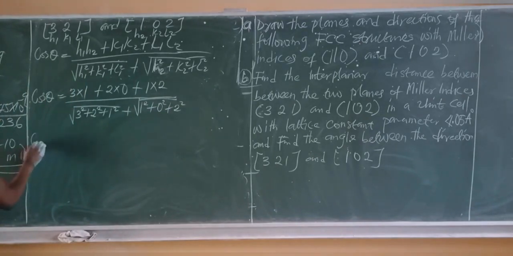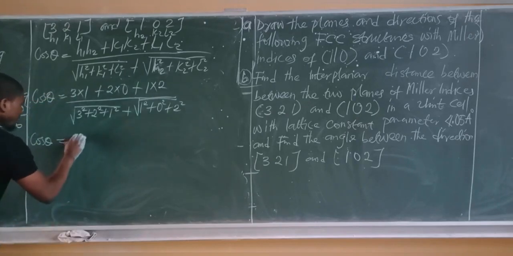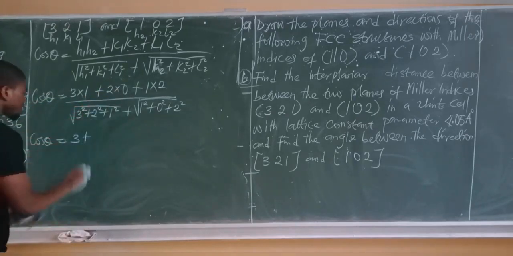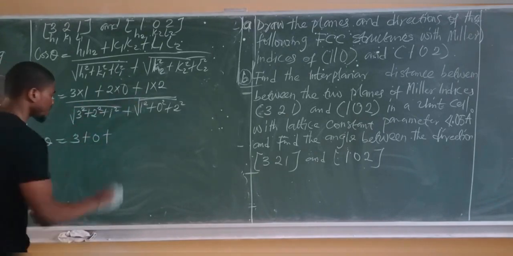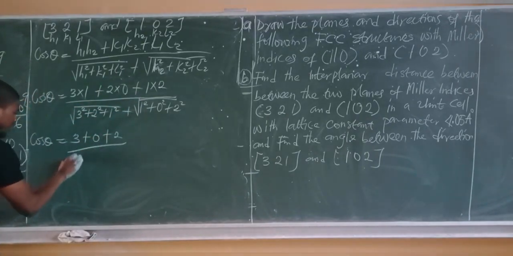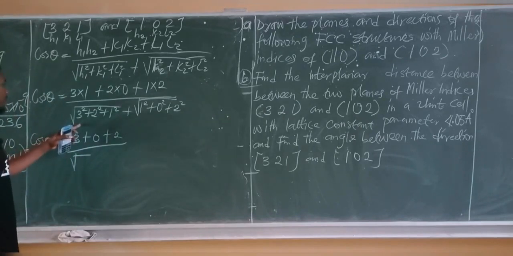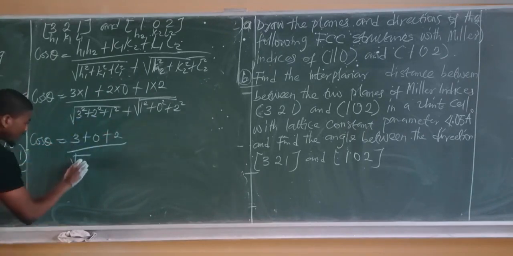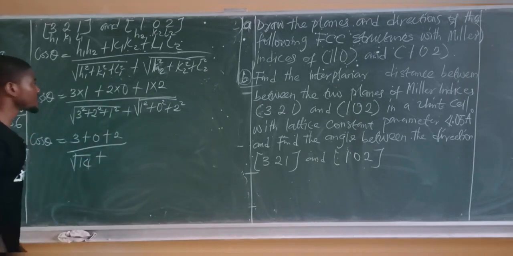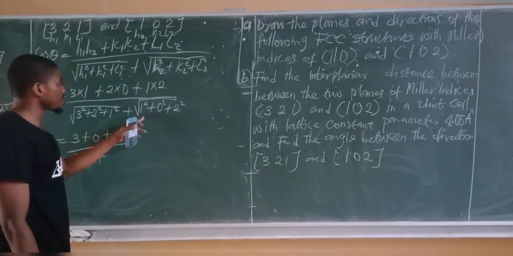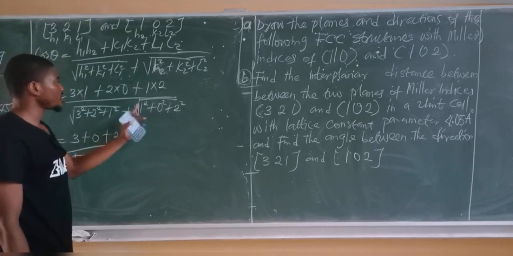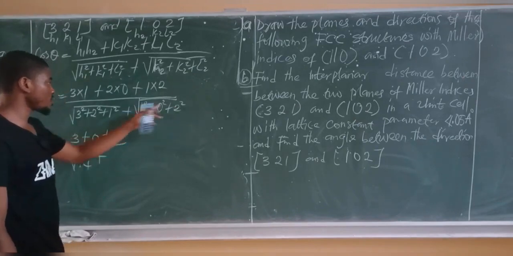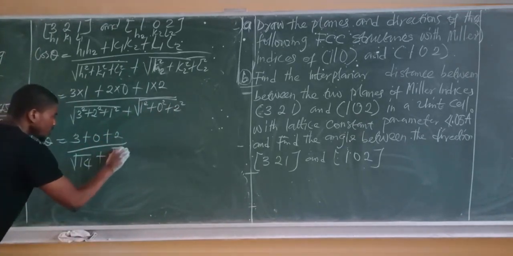So cos theta is equal to 3 times 1, which is 3, plus 2 times 0, which is 0, plus 1 times 2, which is 2, all over the square root of 3 squared, which is 9, plus 2 squared, which is 4, so 9 plus 4 gives us 13, plus 1 squared, which is 1, so 13 plus 1 gives us 14. So we have the square root of 14, times, similarly, 1 squared is 1, plus 0 squared is 0, plus 2 squared is 4, so 1 plus 4 gives us 5, so I have the square root of 5.